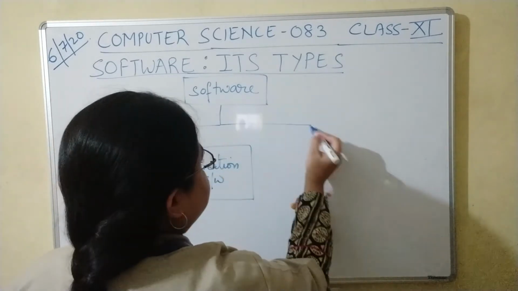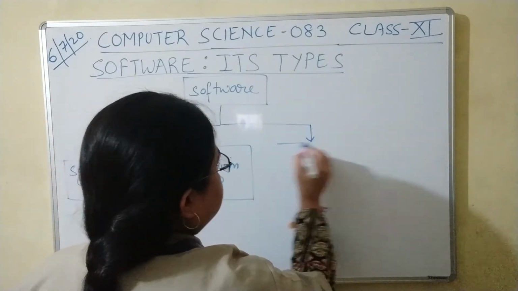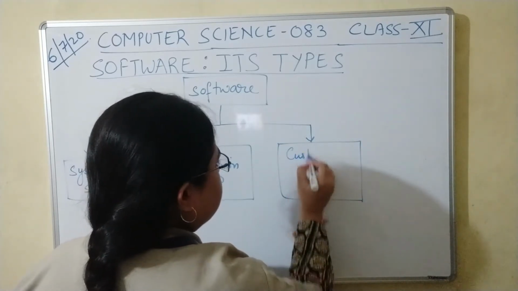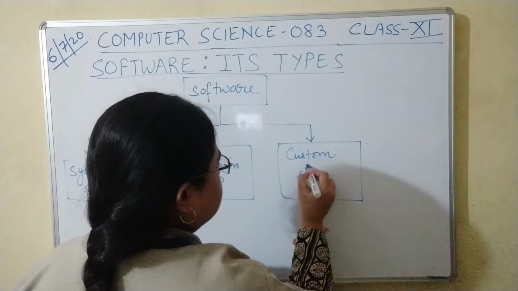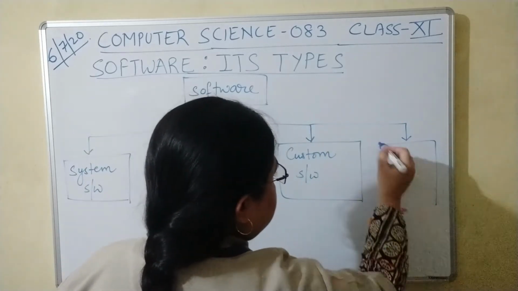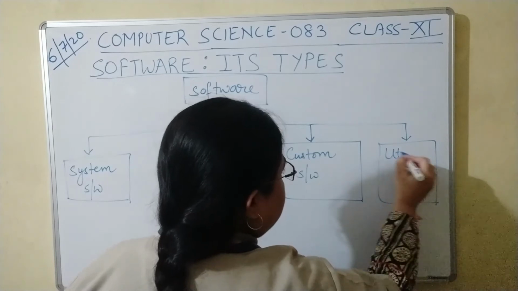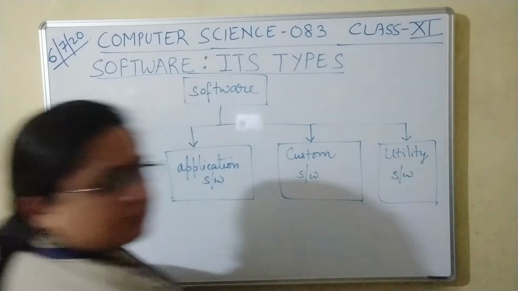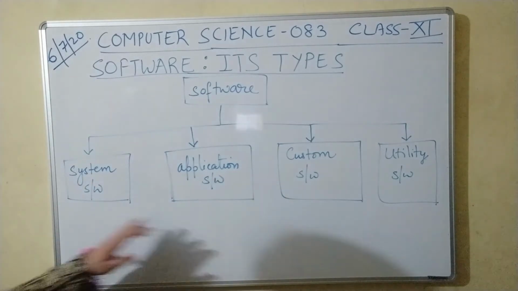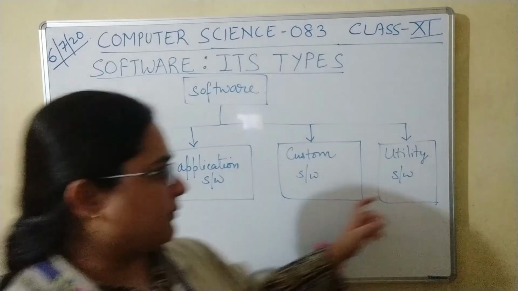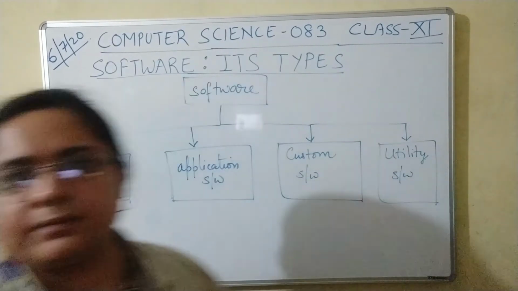Next is custom software. And the last of all is utility software. So we have these four basic types of software: system software, application software, custom software and utility software.